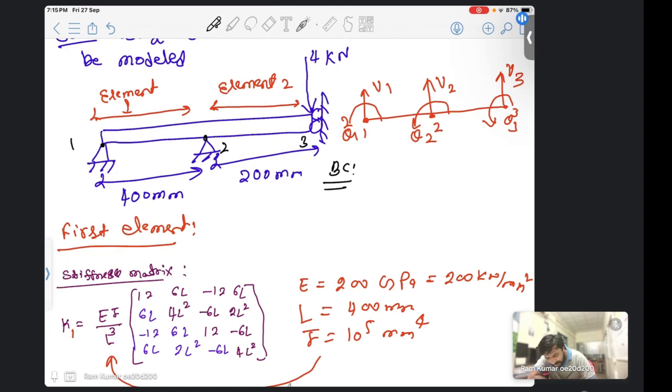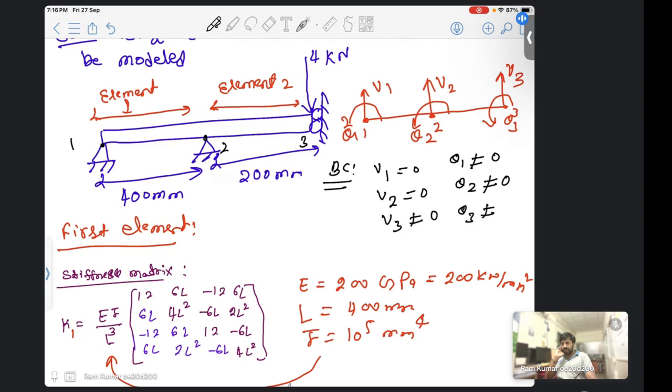So at node 1, vertical displacement will be 0 because this is a hinge, but theta 1 will not be equal to 0. Similarly at node 2, vertical displacement will be 0, but theta 2 will not be equal to 0. Similarly at node 3, displacement b3 will not be equal to 0 and theta 3 also will not be equal to 0.